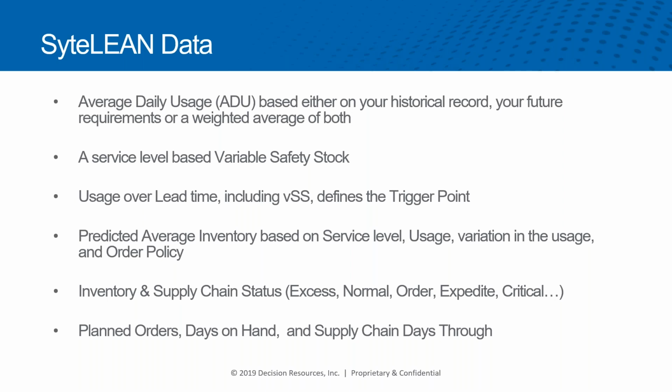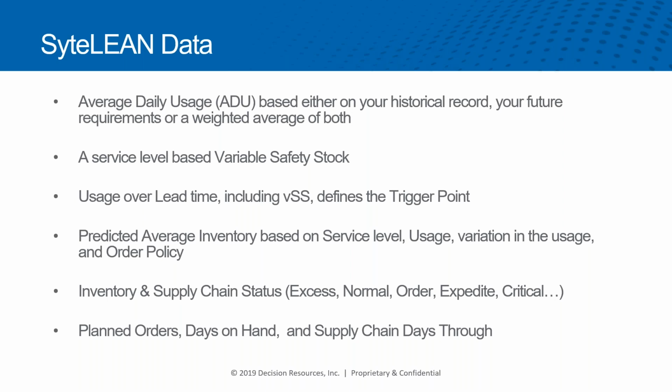We have a service level based variable safety stock, and what that means is that you define the service level. Most of you are familiar with that industry standard term, service level. The higher the service level, the higher the safety stock will be. SyteLEAN lets you establish that globally and at the item level.